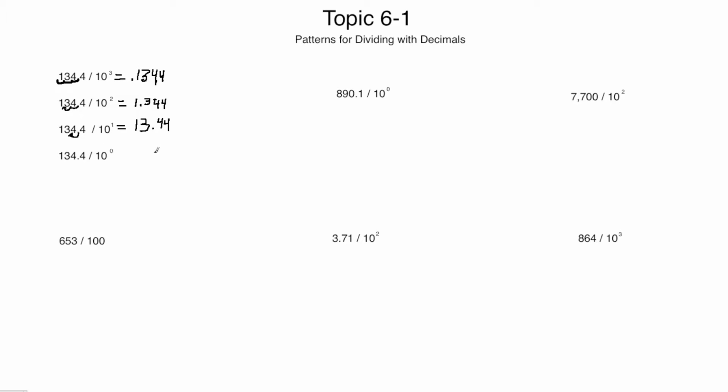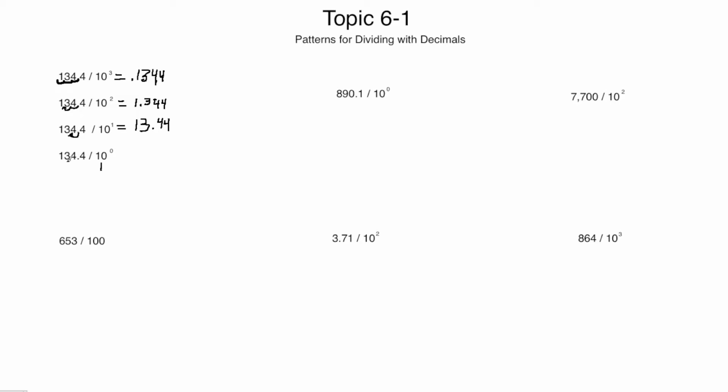10 to the 0 power, any number to the 0 power, is just 1. Whether it's 3,266,000 to the 0 power, it's going to be 1.